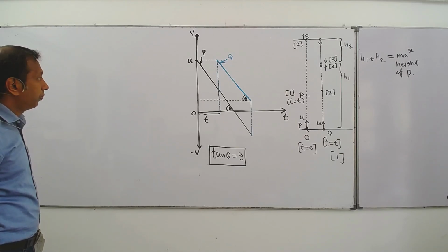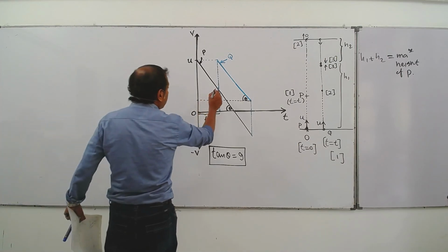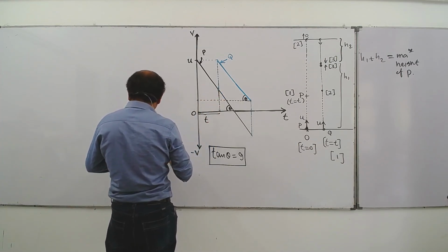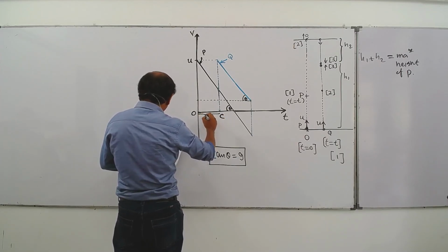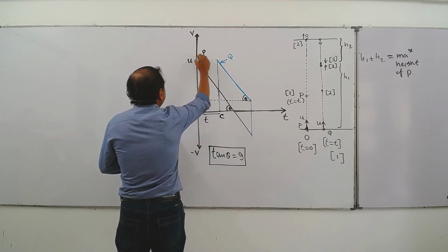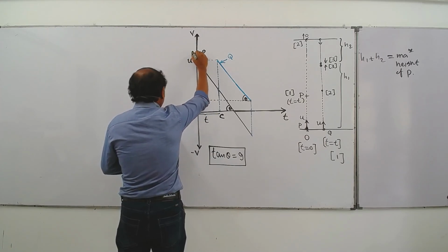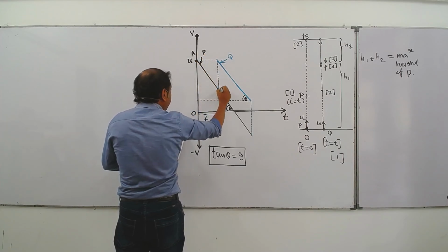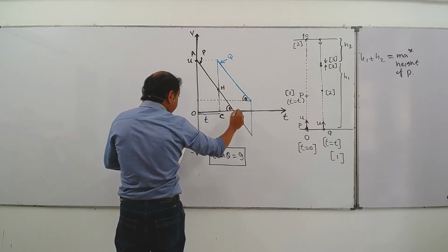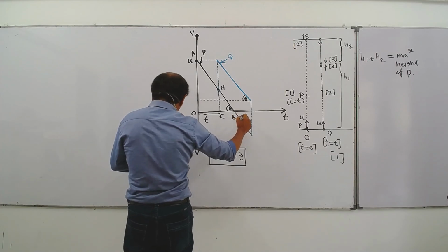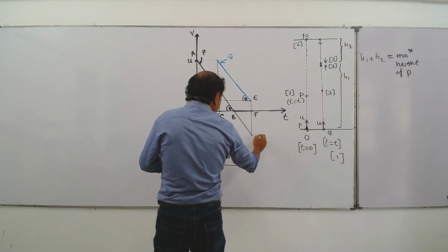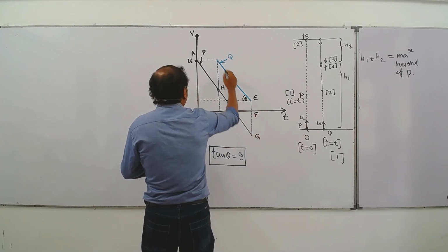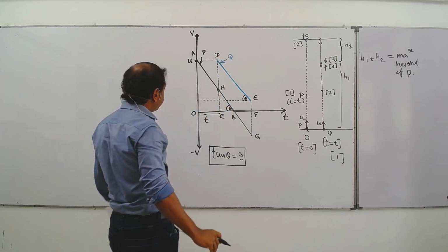Now, I'll take this area like this. O, here C. Let us take this as point A here. All right. This is taken as H in my diagram. This is B, E, F, G, and this is D. Right?